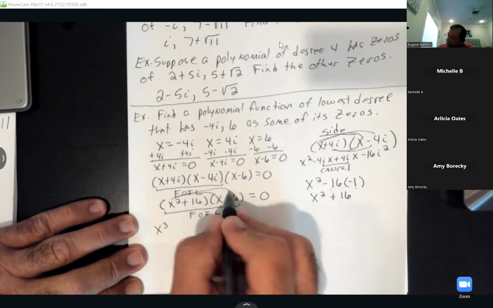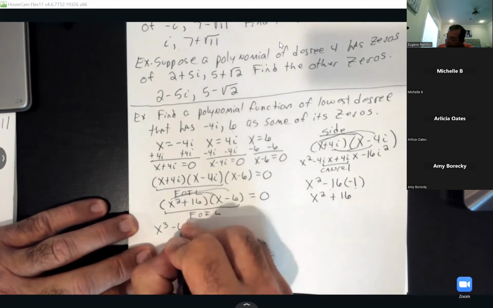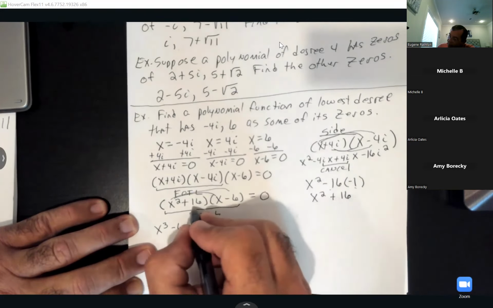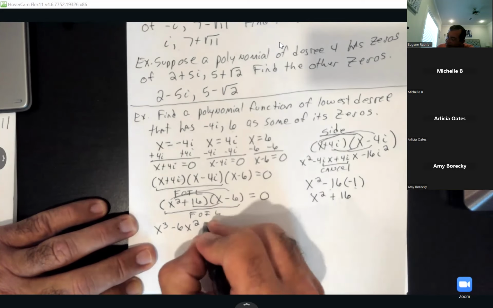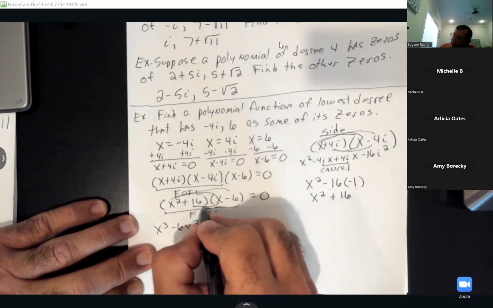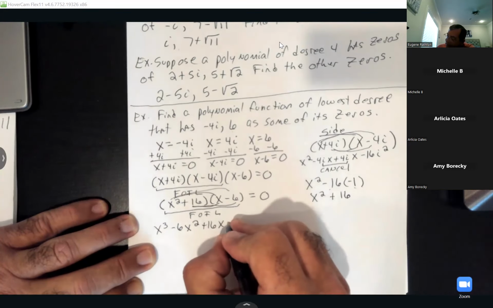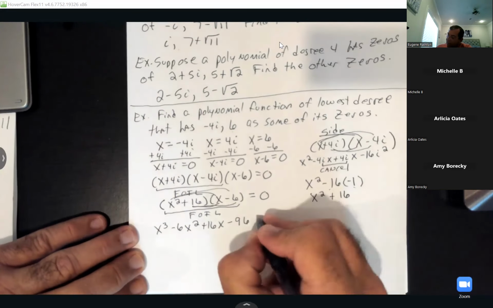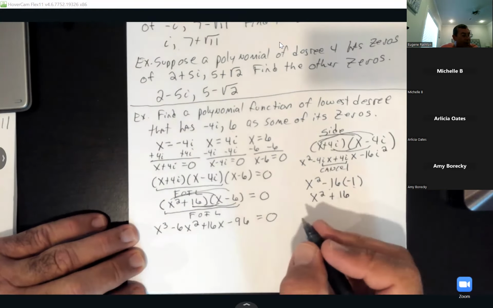X squared times -6 is a negative 6x squared. All right, then I do my 16 times x is a 16x. And then finally, 16 times -6 is a negative 96. All equal to my 0.